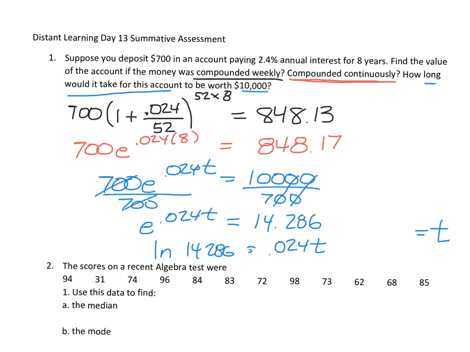And so to get that time, we would take the natural log of that 14.286, and I'm keeping the whole value in my calculator, and then dividing this by 0.024. Time would be about 110.8 years. So that would take quite a while for that investment to be worth $10,000.